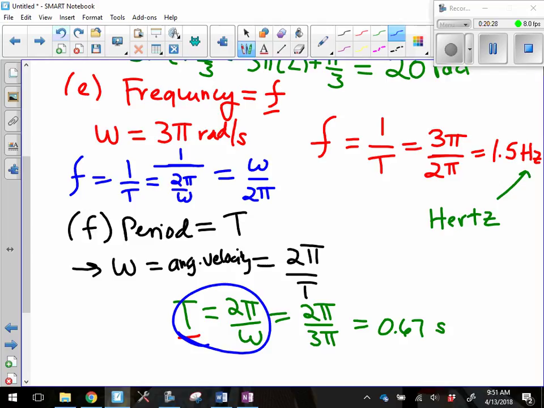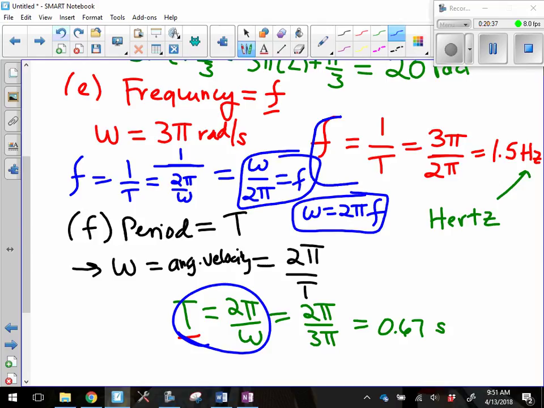Or even further, omega is 2 pi f. I've already circled that one. So there's a lot of different ways to get to what the answer might be.